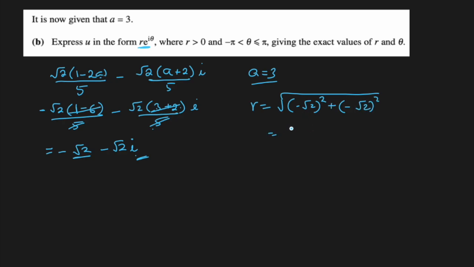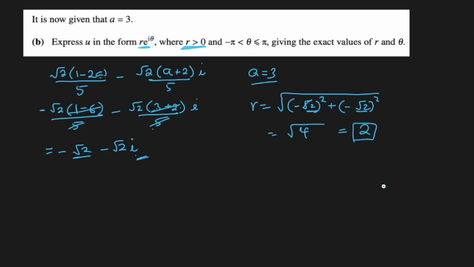So that comes out to 2 plus 2, because this negative becomes positive. 2 plus 2 is 4 and square root of 4 is plus and minus 2, but we'll write just plus because they said r is greater than 0. That means we will not write negative. So r we got as 2.